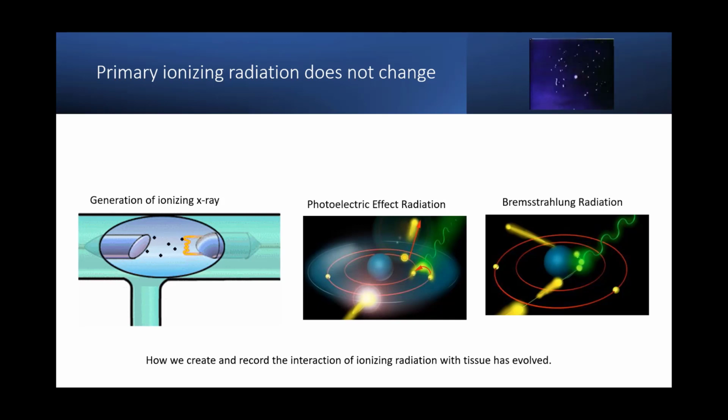We all learn this in our basic courses in radiography. Primary ionizing radiation does not change. It is merely one part of the term used overall as radiation. For in radiation, we have ionizing and non-ionizing radiation.